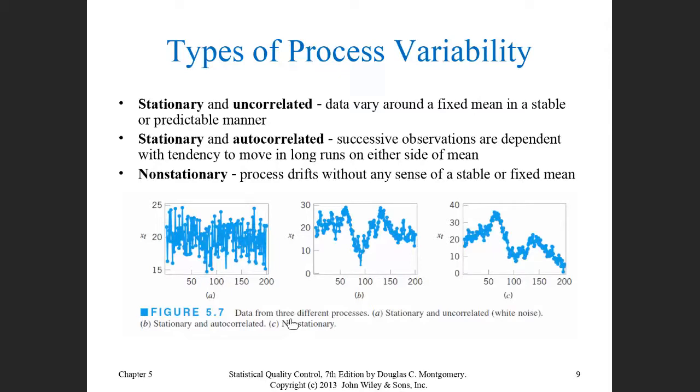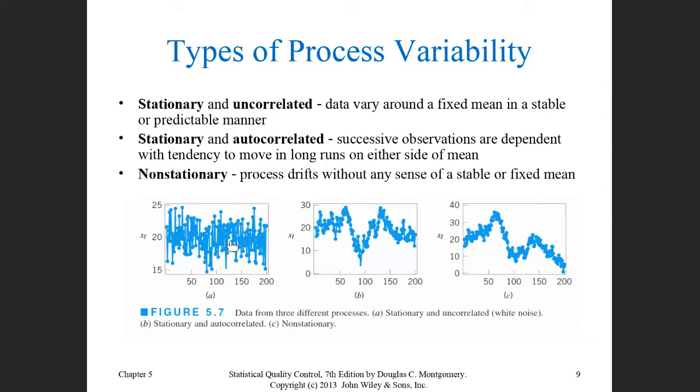The type of process variability is very important, and this is one of the things that is always asked of students. What are the types of process variability? What is variability? First, variability is change in the values that appear when you conduct a control chart. We see here different types of variability.